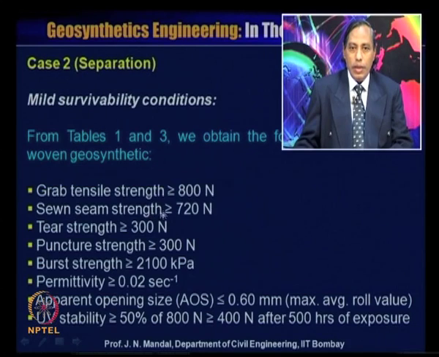That means Grab strength is greater than or equal to 800 Newton, strain seam strength is greater than or equal to 720 Newton, tear strength greater than or equal to 300 Newton, puncture strength greater than or equal to 300 Newton, burst strength greater than or equal to 2100 kilopascal, permittivity greater than or equal to 0.02 per second, apparent opening size AOS less than 0.60 millimeter, that is maximum average roll value, and UV stability 50% of Grab strength, that is 800 Newton, that means greater than 400 Newton after 500 hours of exposure.